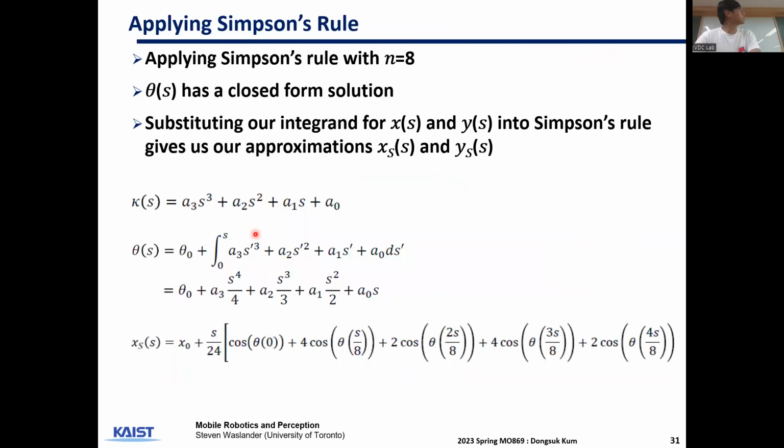So for applying Simpson's rule, here we'll take an example of using eight segments. And then we will have this form of the approximation for the x integral. And then we can also get a closed form solution for theta. And by substituting it into x and y, we can get the approximations below.